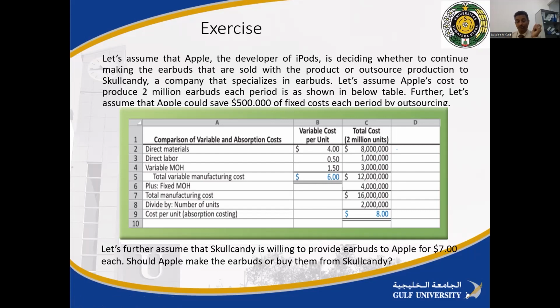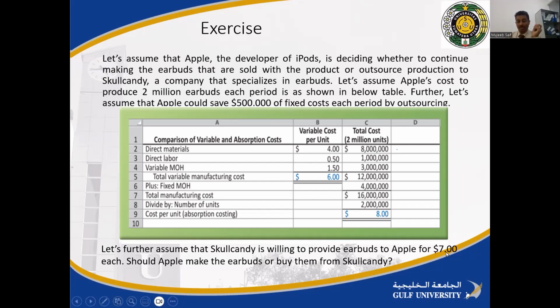It is mentioned in the question that we can avoid only $500,000. That means of this 4 million, we will avoid only 500,000 if we stop producing this unit in our organization. That means 3,500,000 of this cost we will not be able to avoid.